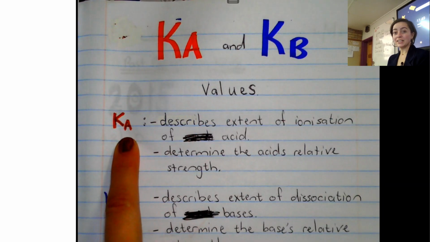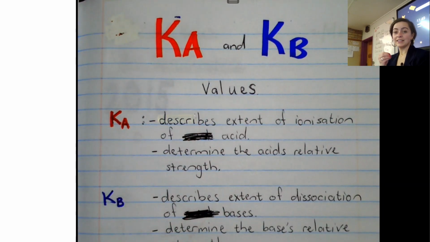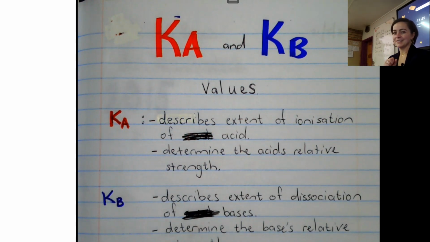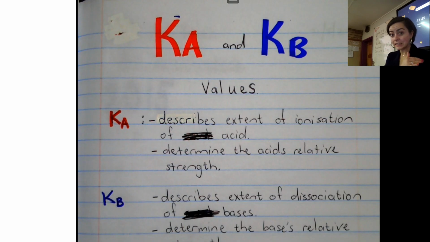If it is high, it is a stronger weak acid, and if the value is low, it's a weaker weak acid. A stronger weak acid ionizes to a large extent, but not completely.